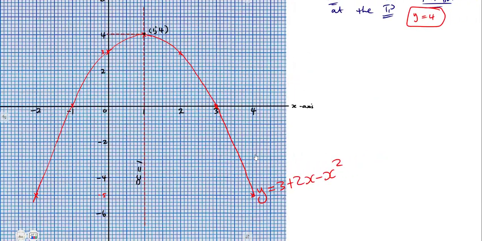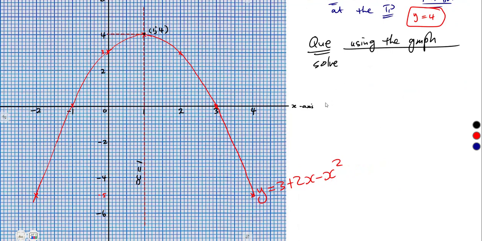We are given this quadratic graph that we drew previously. Then the question can be on the roots or the solutions. They will ask you to solve using the graph. They will take 3 + 2x - x² = 0. This is exactly the function that we were given before, only that now it is equated to 0.